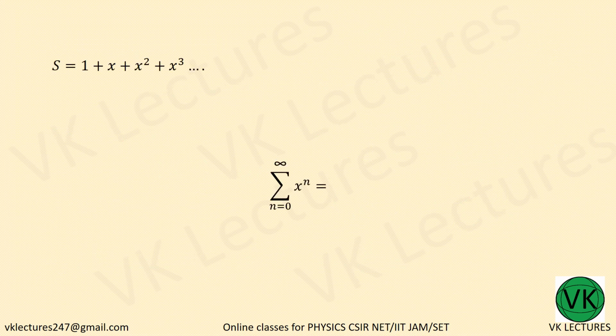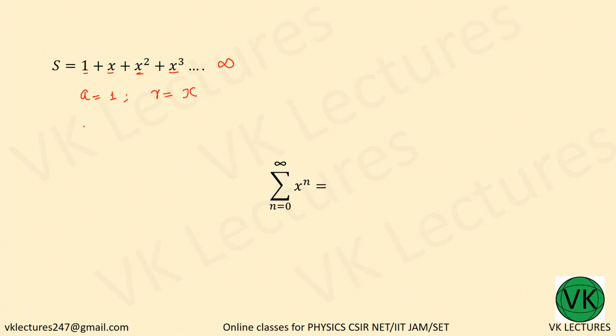Now here we have one problem: 1 plus x square plus x cube, extending up to infinity. What is the first term? a is equal to 1, and the common ratio r is equal to x.